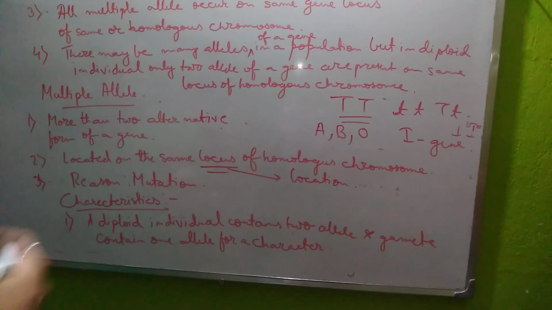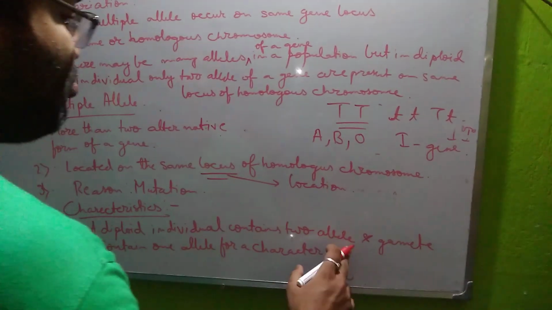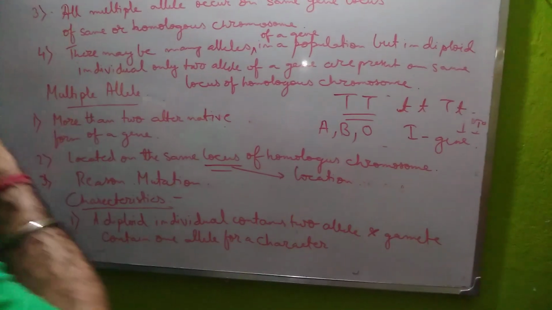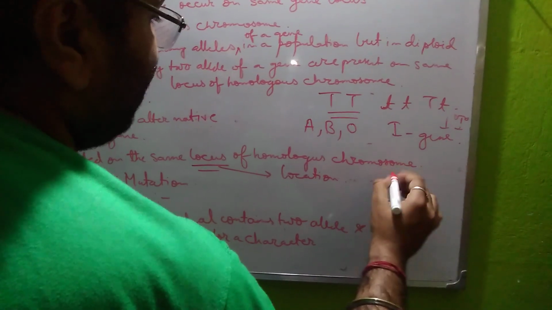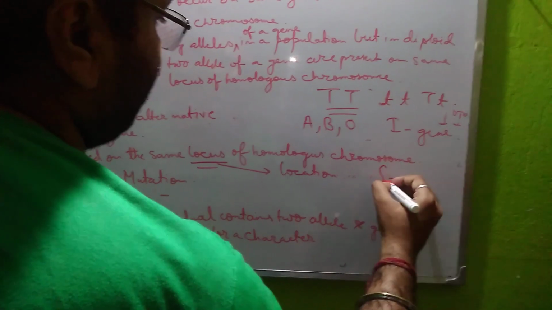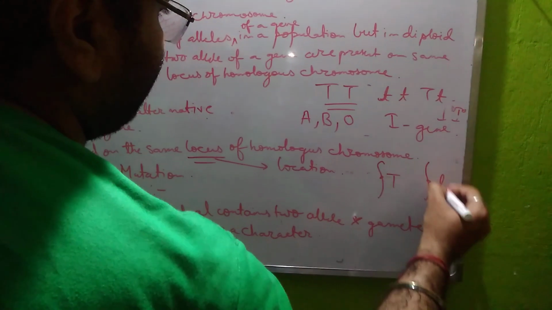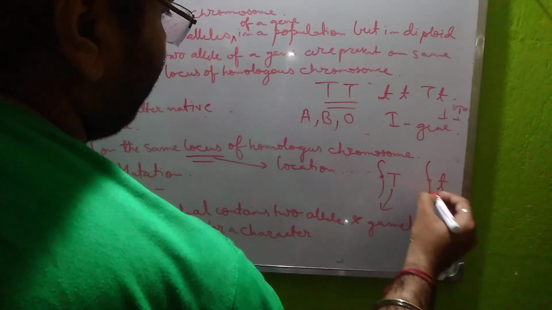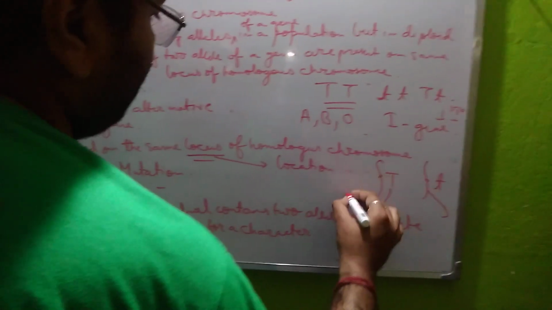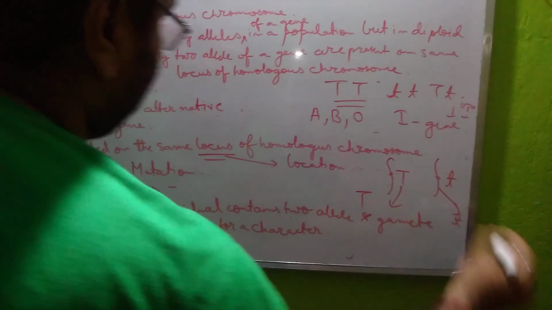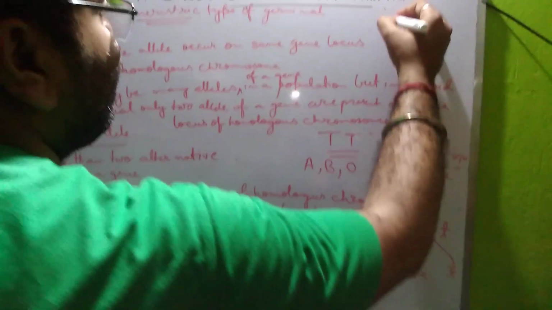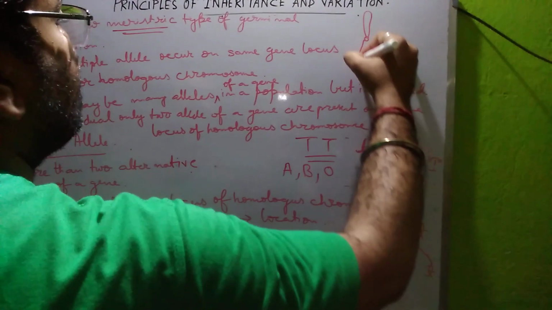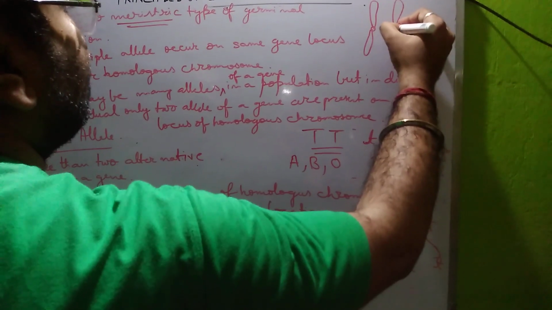Now a diploid individual contains 2 alleles and a gamete contains 1 allele from a character. As I said, this is an allele coming from a parent, from your father, and this is an allele coming from your mother. So 2 alleles will be going to 2 different gametes. It will be making 1 gamete and it will be making 1 gamete. So that is what is being said. Like, this is a chromosome and this is an allele.